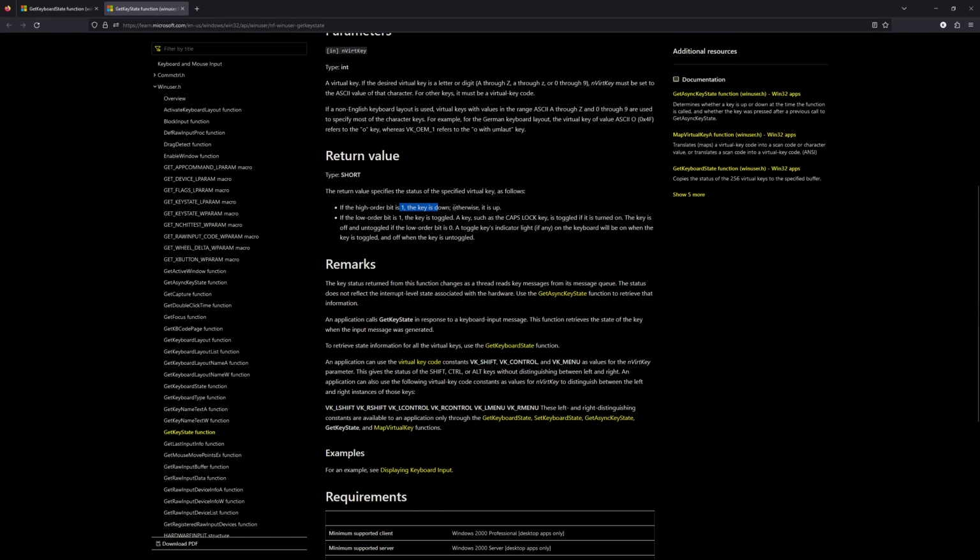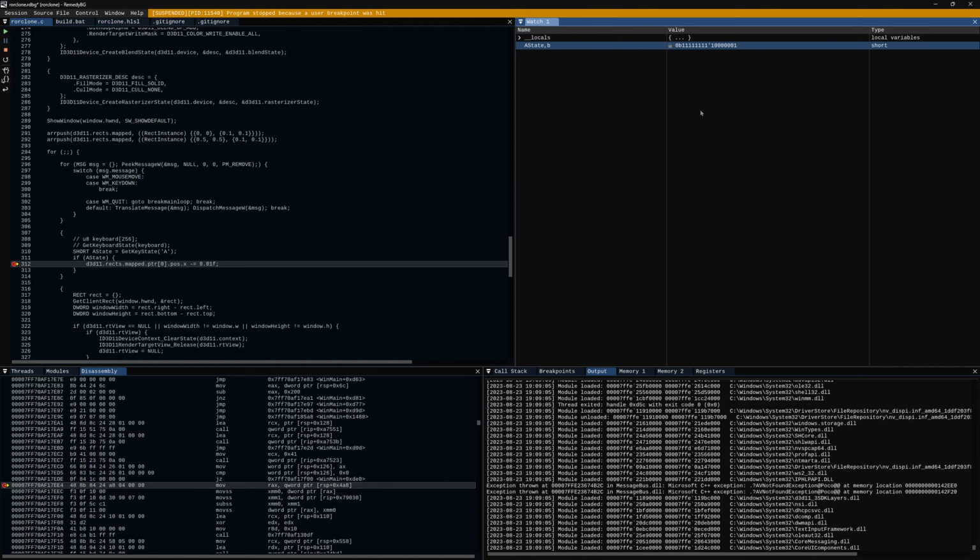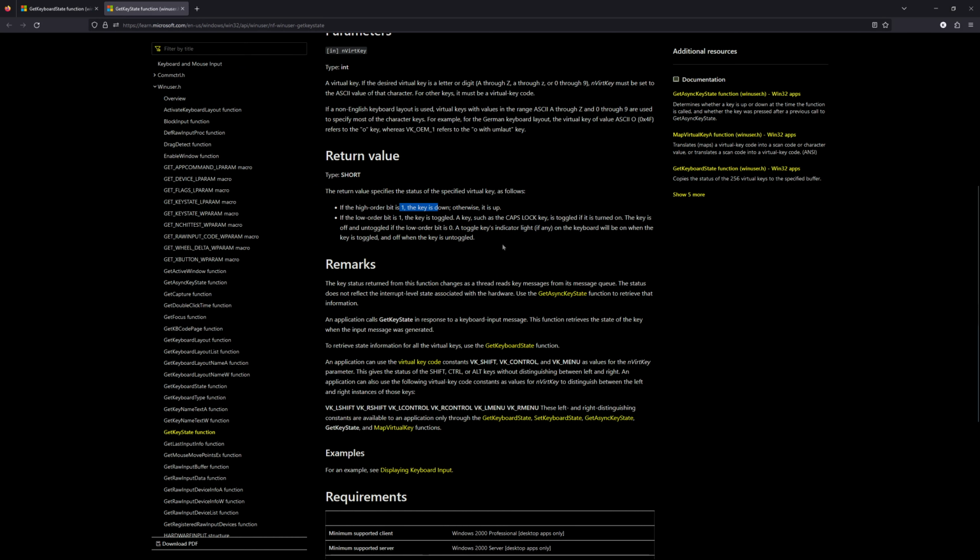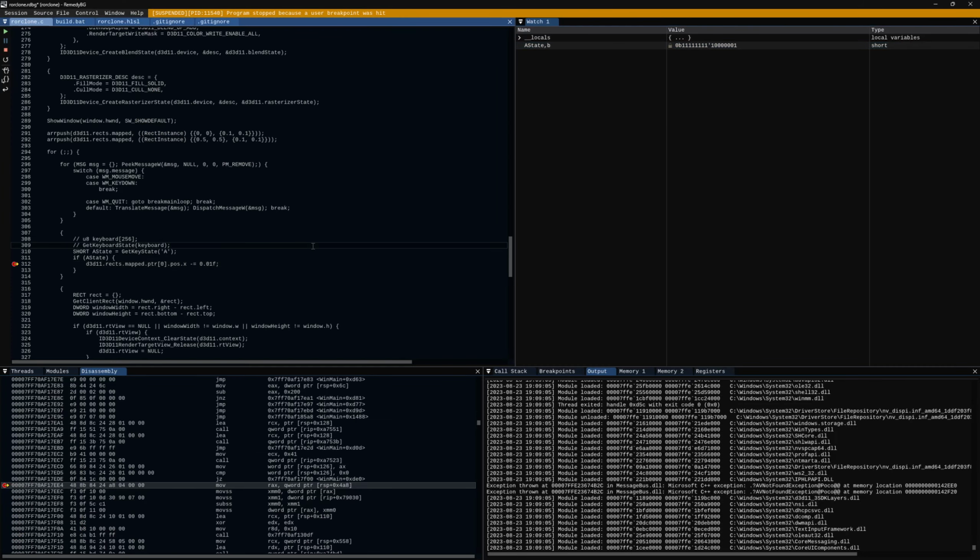Like high order bit, are they referring to this? I guess they're only referring to this lower byte, and this just doesn't matter.